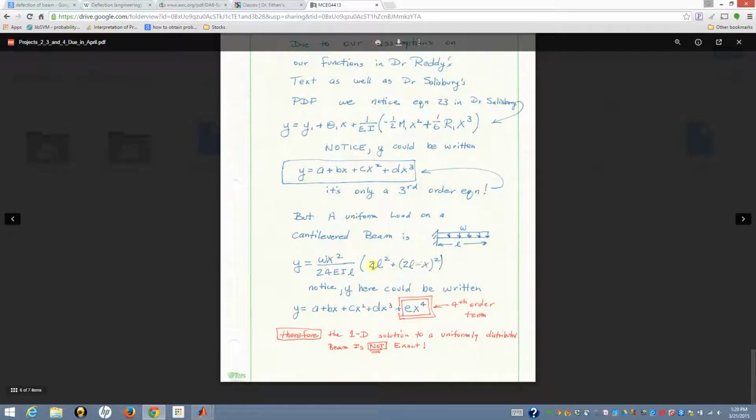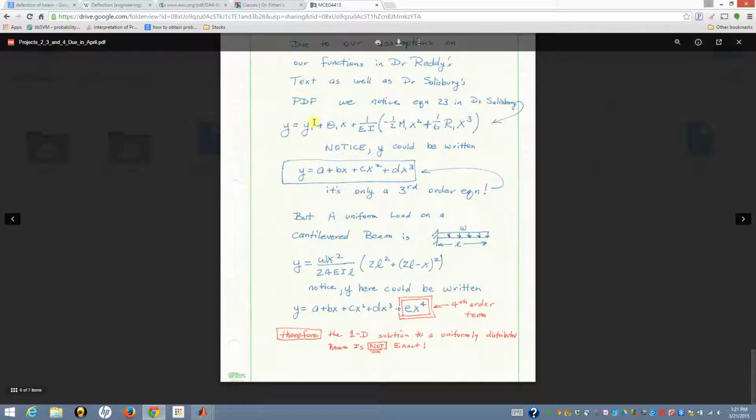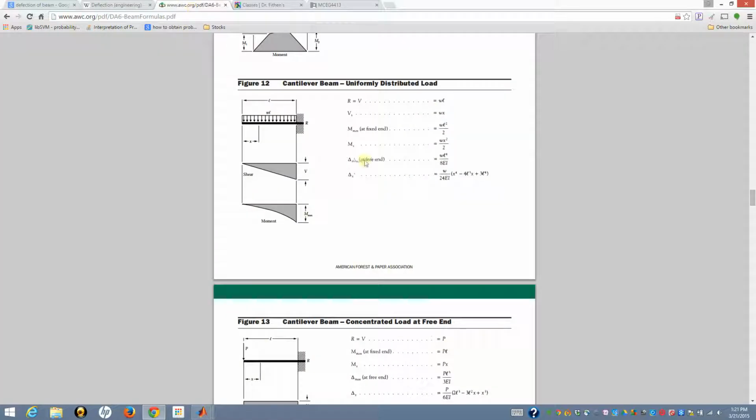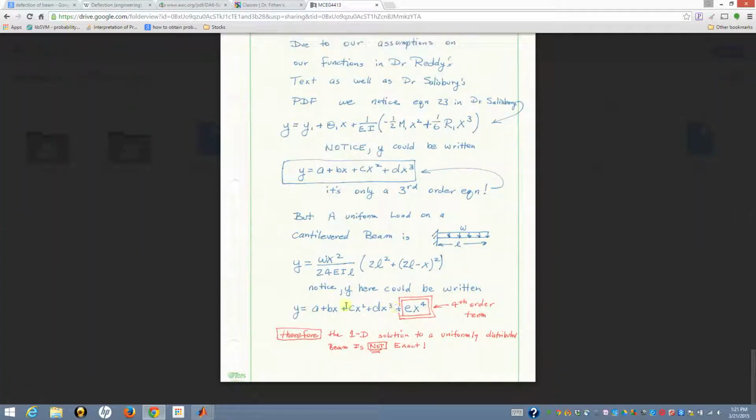This equation has a shifted X distribution. It's not quite what it should be. So instead of this equation, I should have gone to this American Wood Council and picked up this one, where the X measures from the tip of the beam. Either case, the point is this is a fourth order equation.